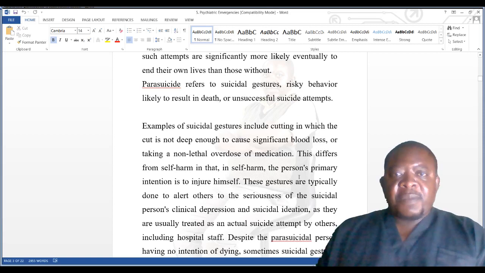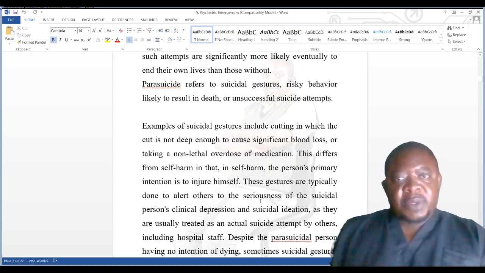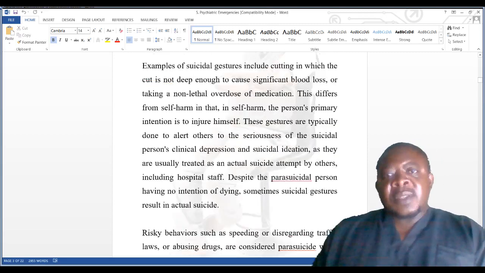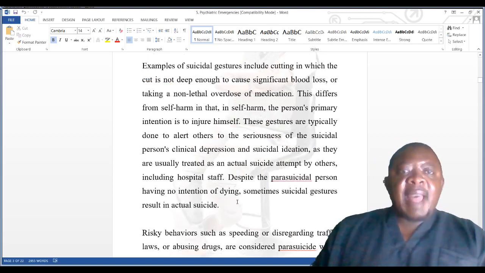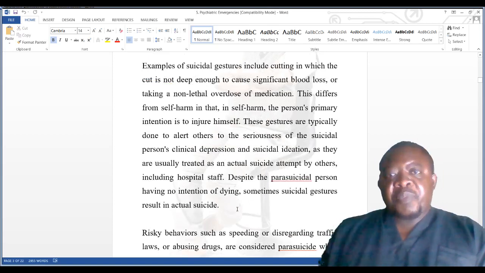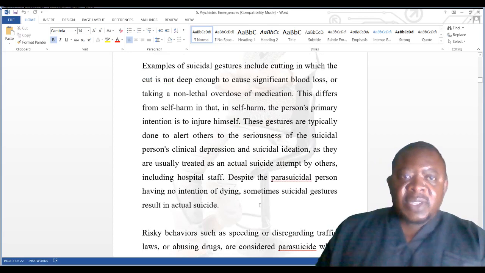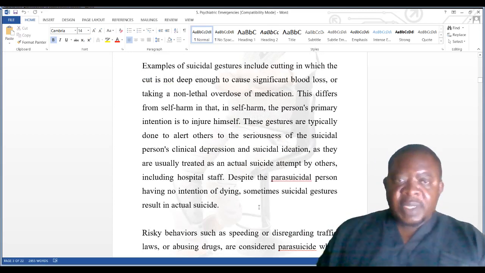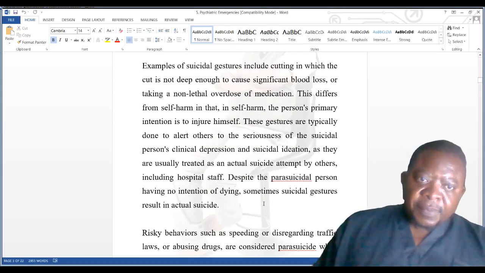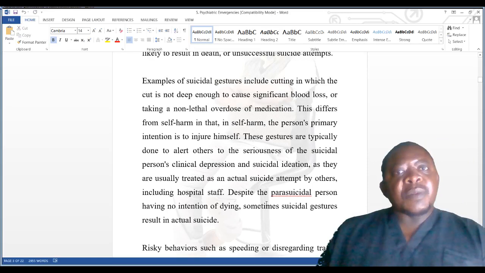These gestures are typically done to alert others to the seriousness of the suicidal person's clinical depression and suicidal ideation, as they are usually treated as an actual suicide attempt by others, including hospital staff. Despite a suicidal person having no intention of dying, sometimes suicidal gestures may result in death.